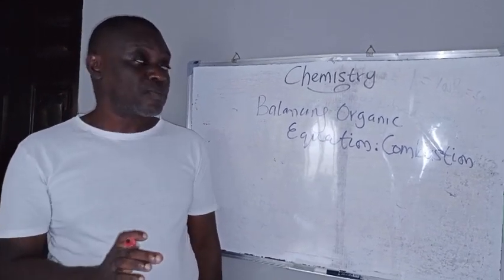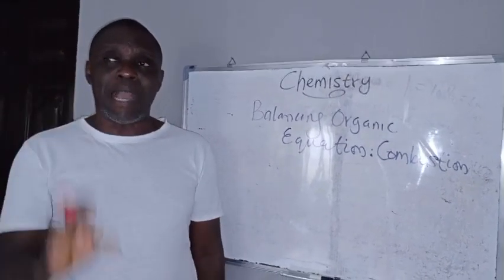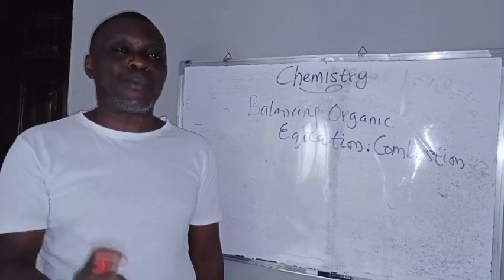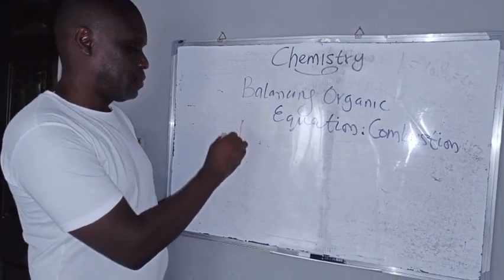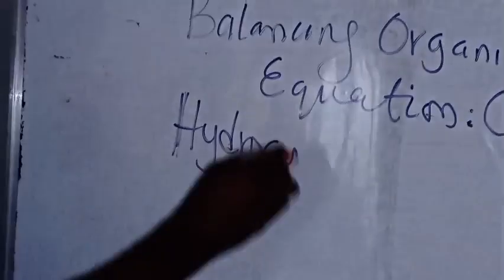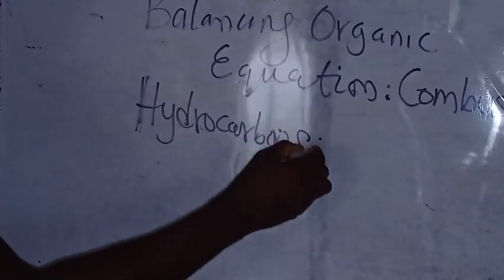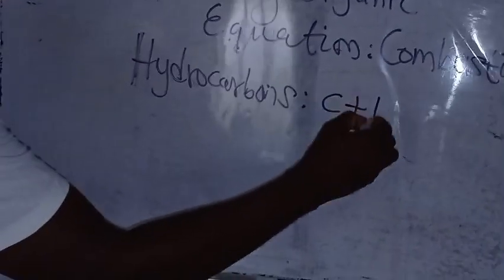God made it so. So now, when we say organic compound, I want to zero in on a particular type of organic compound, the hydrocarbons. The hydrocarbons, from the name, are organic compounds that are made up of carbon and hydrogen only.